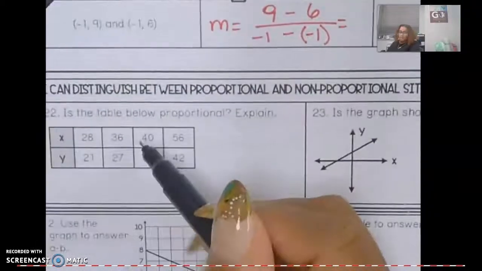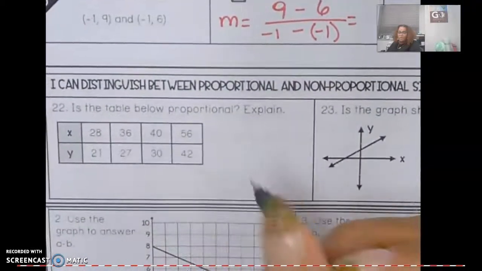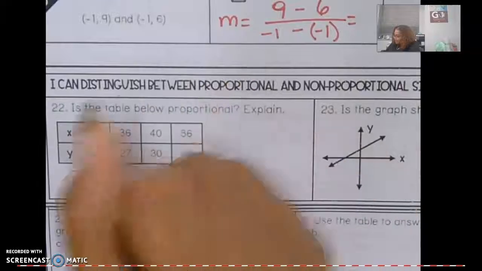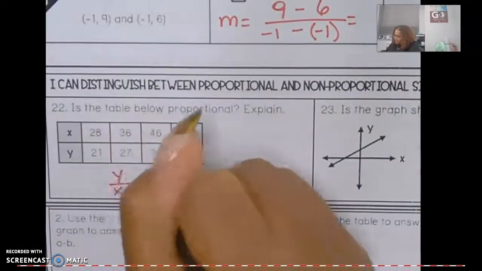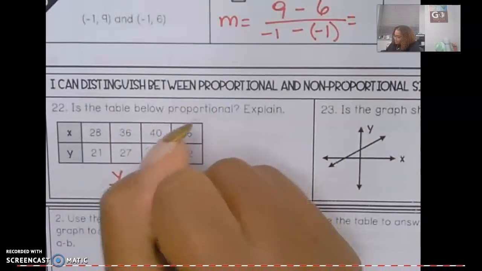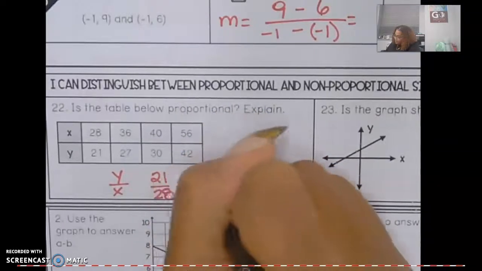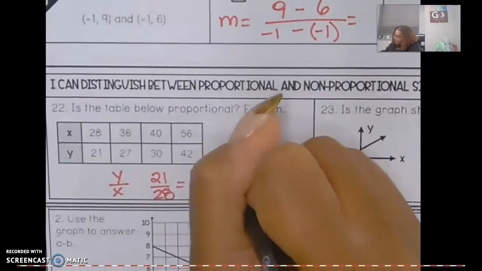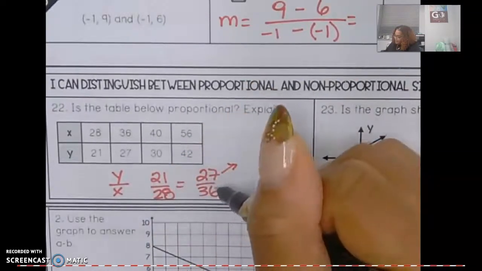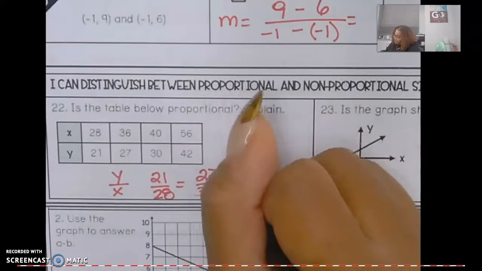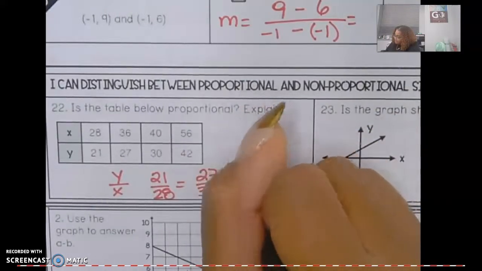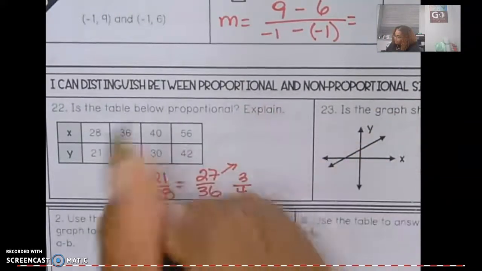Down here, this shows whether or not it's proportional. Explain. So I need to make ratios. Y always goes over x. Does 21/28 equal 27/36? If I simplify 27/36, these are both divisible by 9, so this is 3/4.